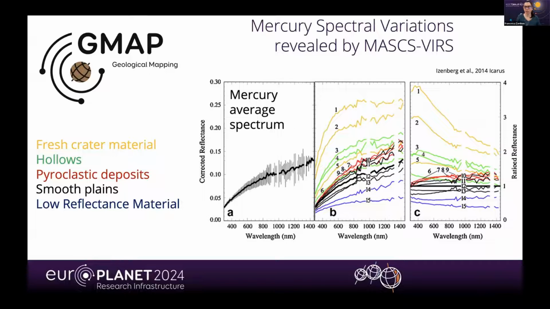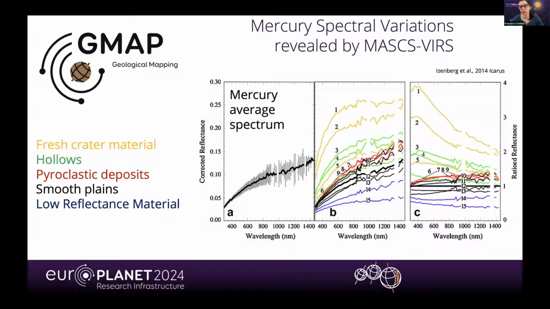So in this case, you can characterize the spectral behavior of this kind of feature, and you can also define parameters that can be useful to identify this kind of feature on the surface. So you can then calculate this and apply it to the surface, and then identify where this kind of feature can be distributed on the surface.